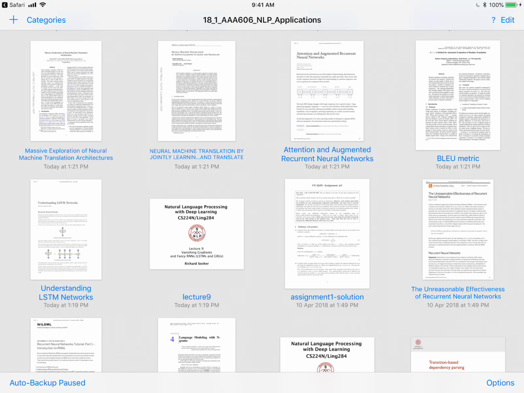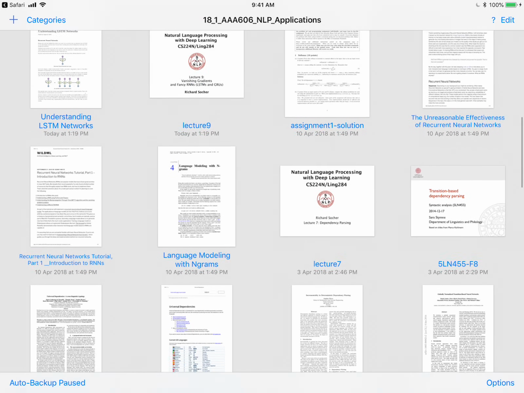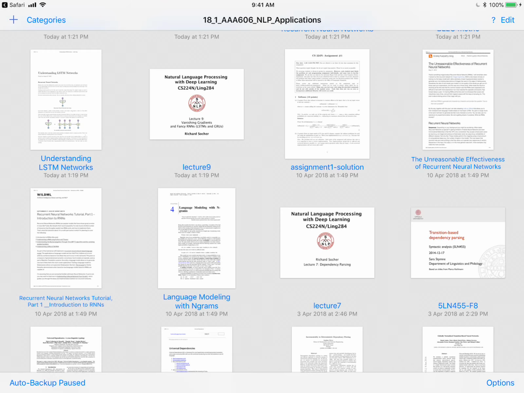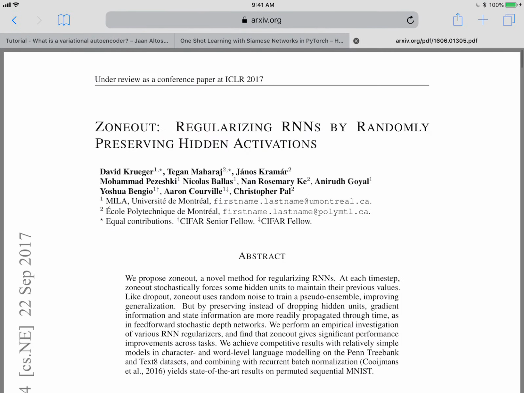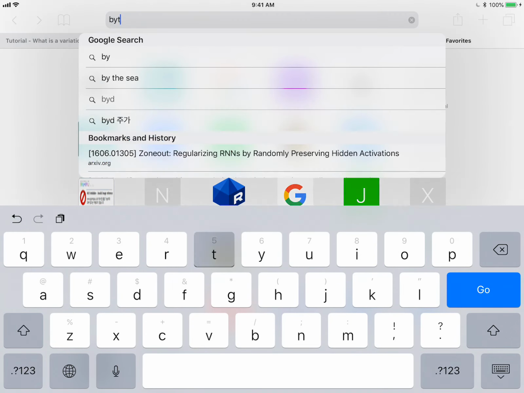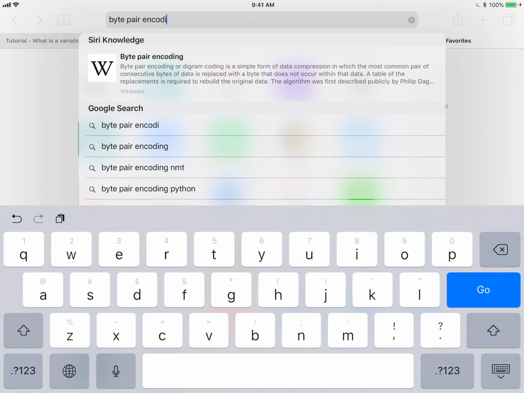And then the last thing that I wanted to mention was the byte pair encoding.